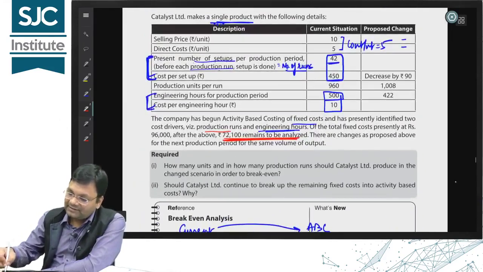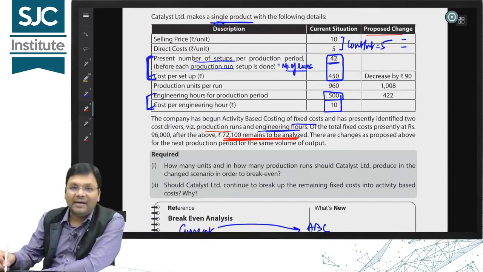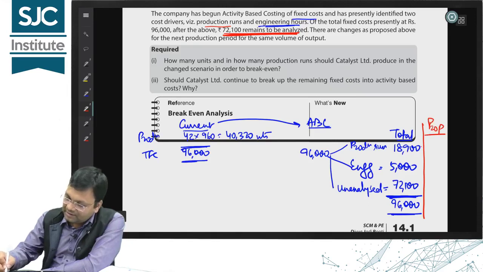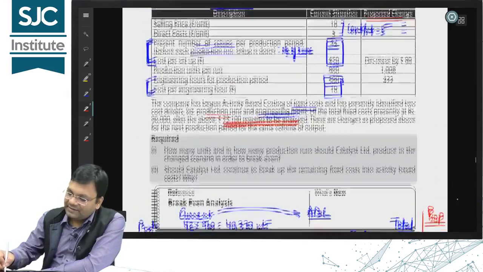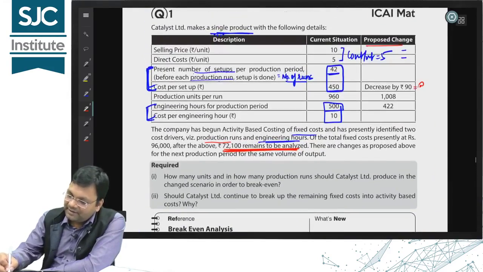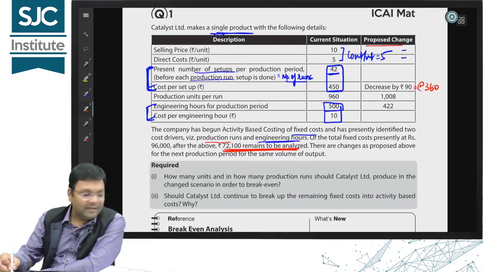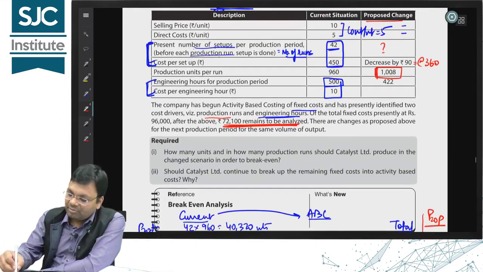In the proposed change, cost per setup is decreasing by 90 rupees, that means cost becomes 450 minus 90, which is 360. How many runs will there be is not mentioned, but units per run is given as 1008.